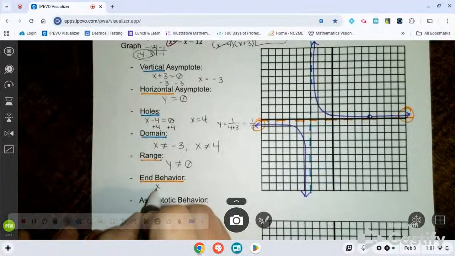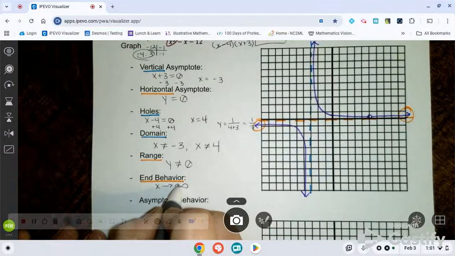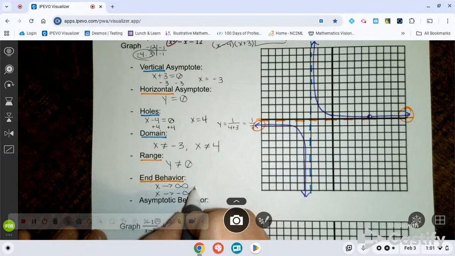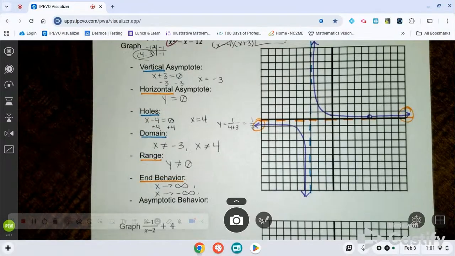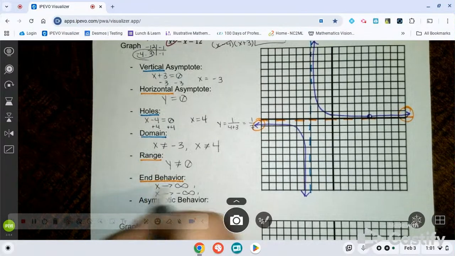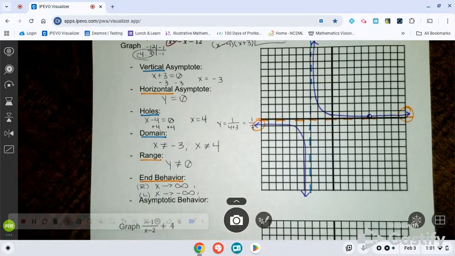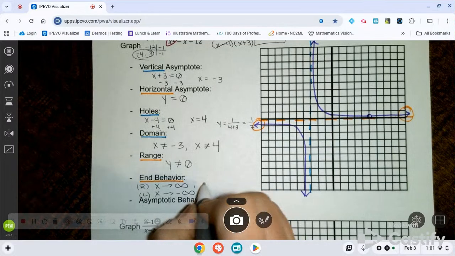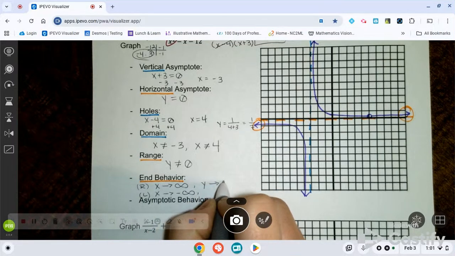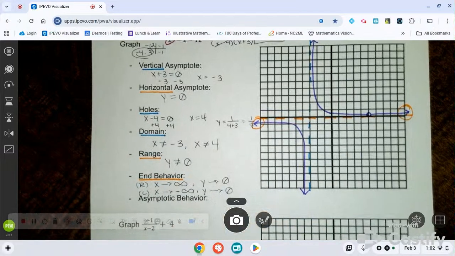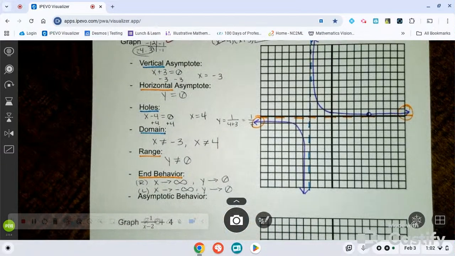It is always going to say x going to positive infinity and x going to negative infinity. It's just the right and the left arrows. So positive infinity would be the right-hand side. Negative infinity is going to be the left. And we are approaching our horizontal asymptote, our y value of 0.